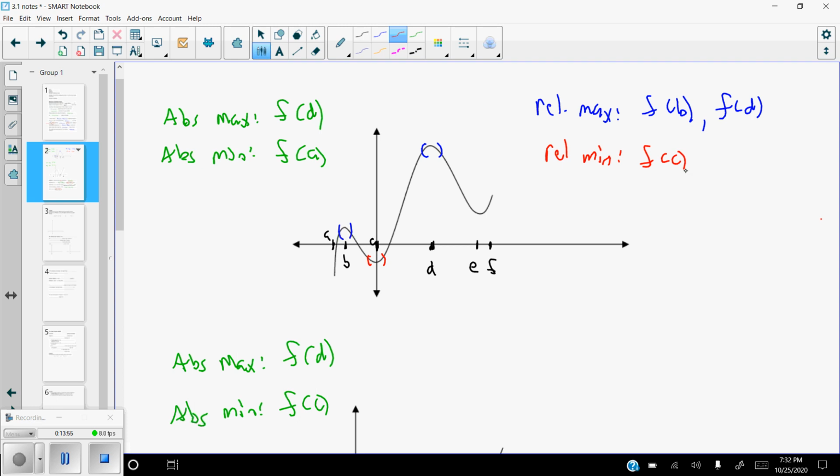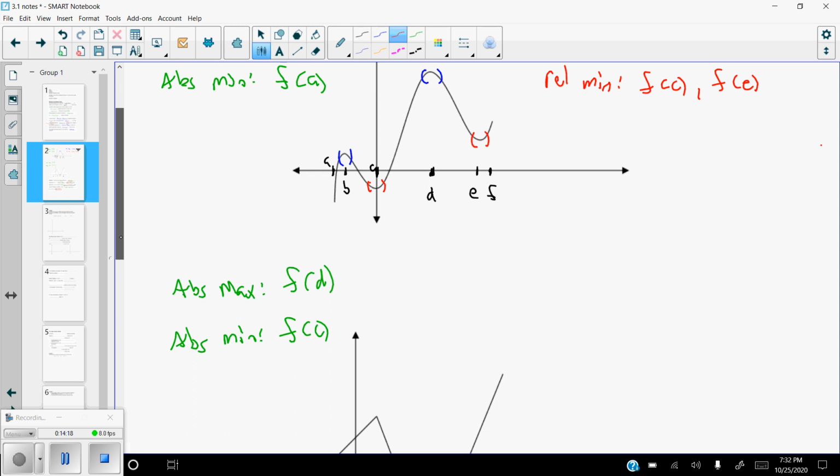I also have one here at E. And there are no other relatives on there. Again, A cannot be a relative because I cannot surround A on both sides. I could put an open interval on the right side, but I can't put one on the left. So A is not a relative. It is an absolute.